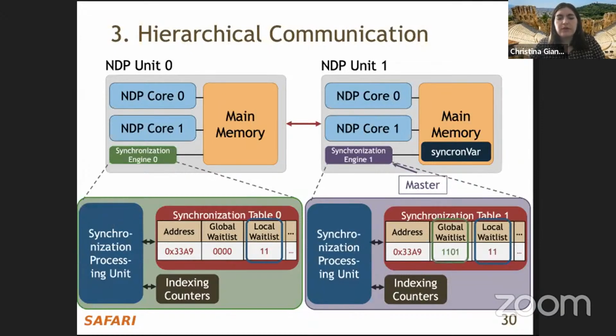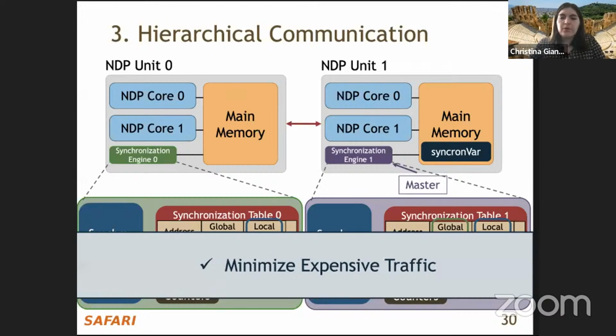And also we include a global waiting list, which is used by the master synchronization engine to identify which synchronization engines of other NDP units have requested a particular synchronization variable. The proposed hierarchical communication minimizes expensive network traffic across NDP units of the system.